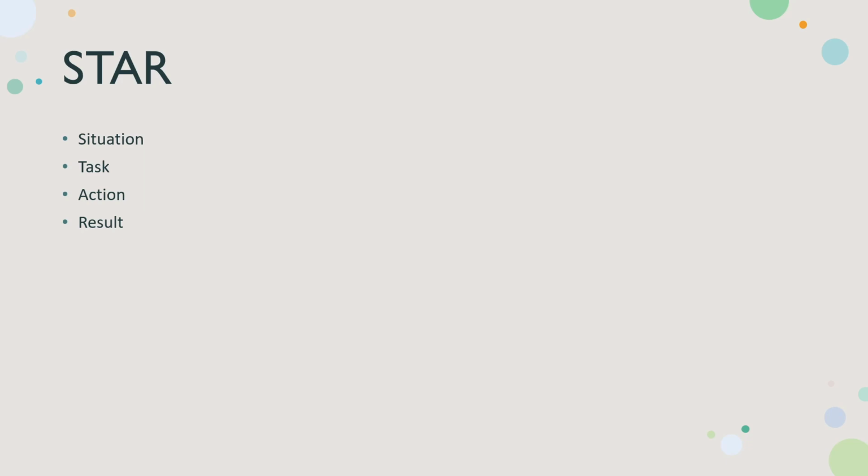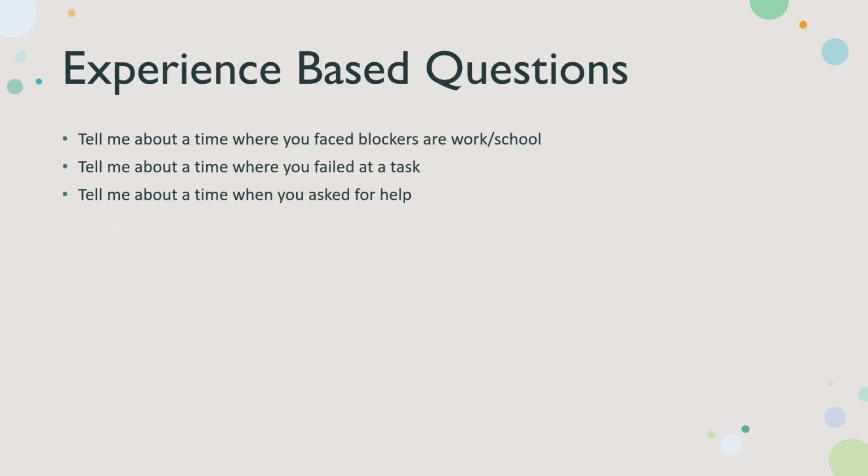So let's jump into the different types of questions you might see. This is not an all-encompassing list, but these are some common types of questions that I've seen in the past during my interviews. So the first type is experience-based questions. Generally, these will almost always use that STAR method, and the way you can recognize a STAR question is generally they'll start with "tell me about a time" or phrases similar to that.